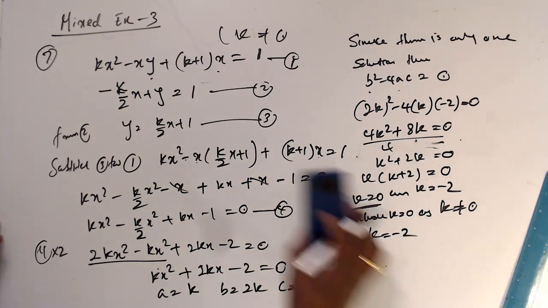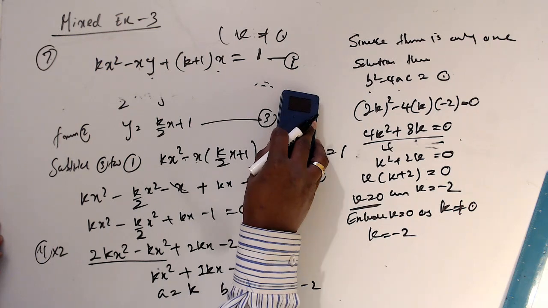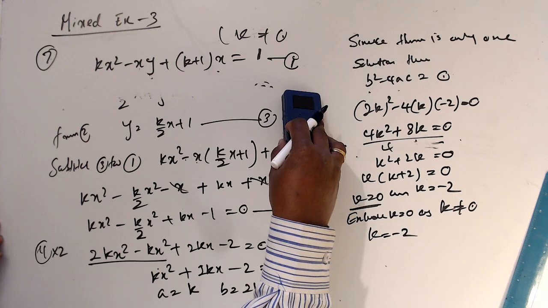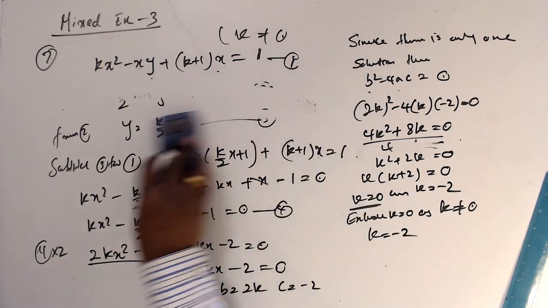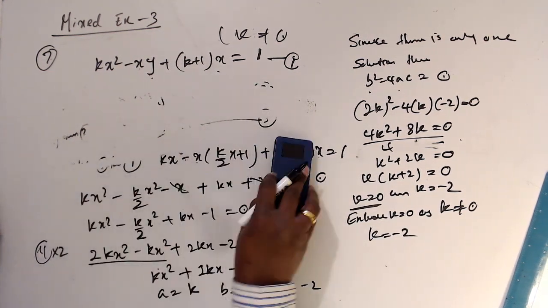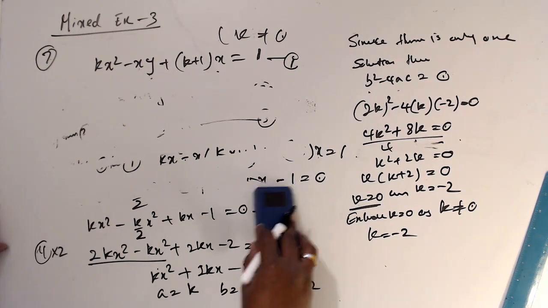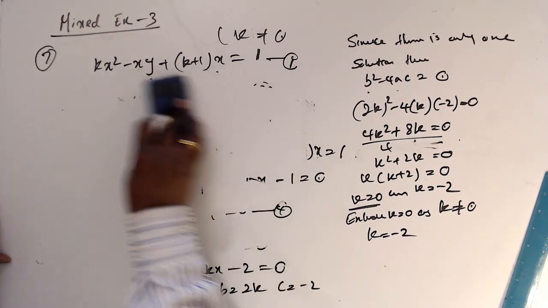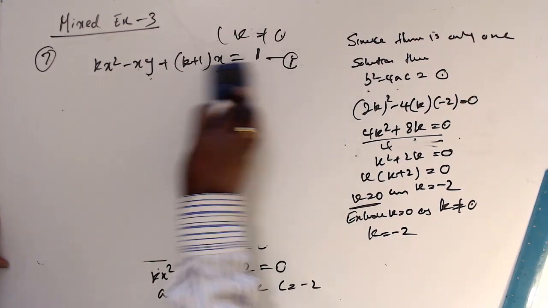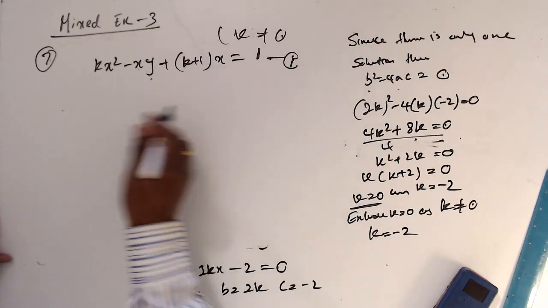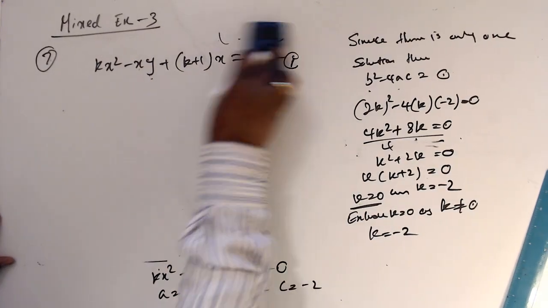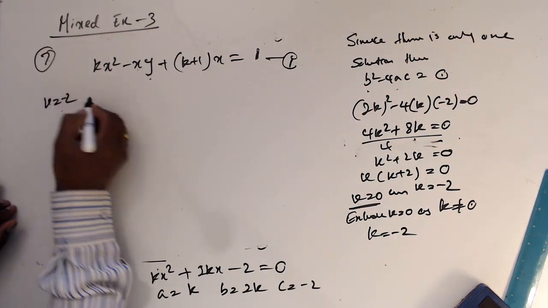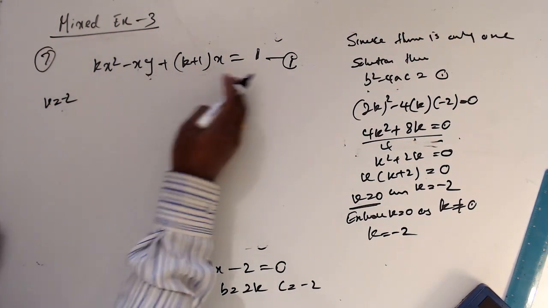Now part B. We need to find the curve. When k equals minus 2, when we substitute, we will get the curve.